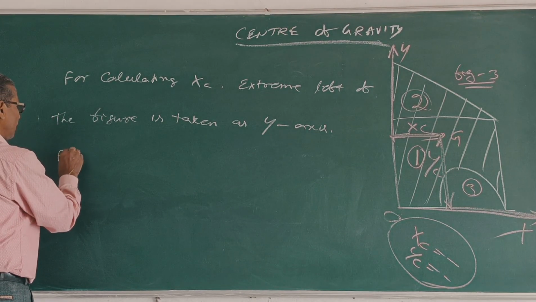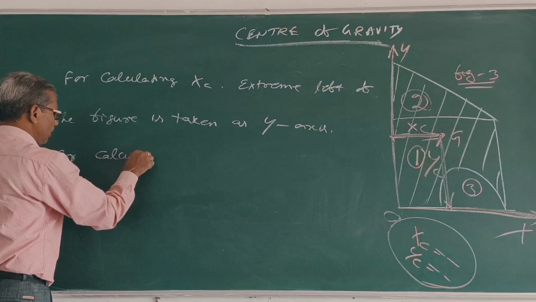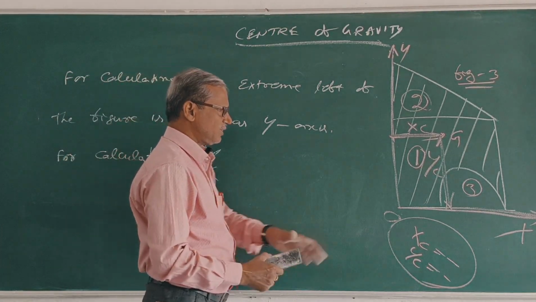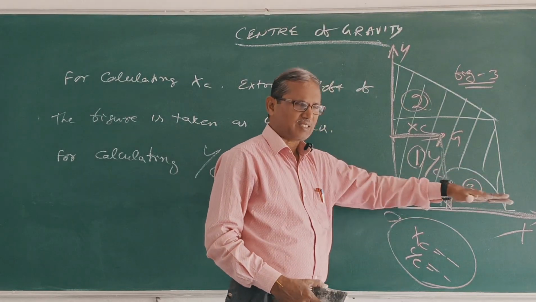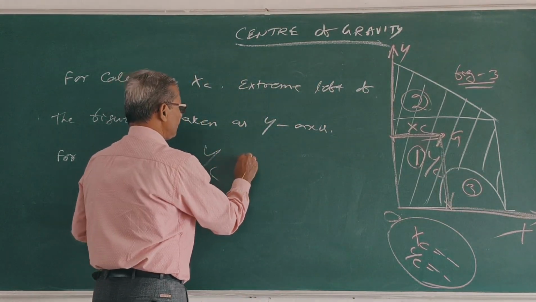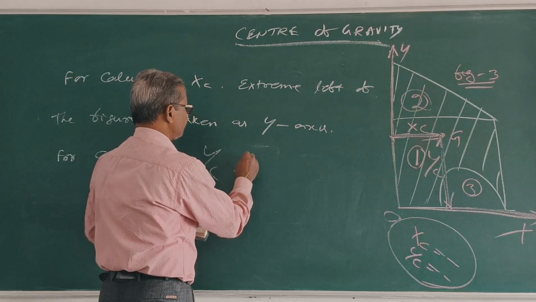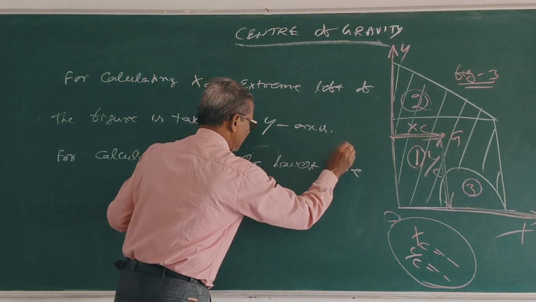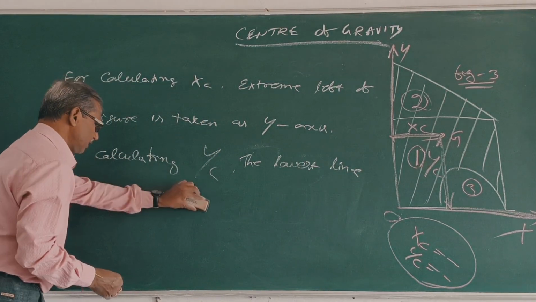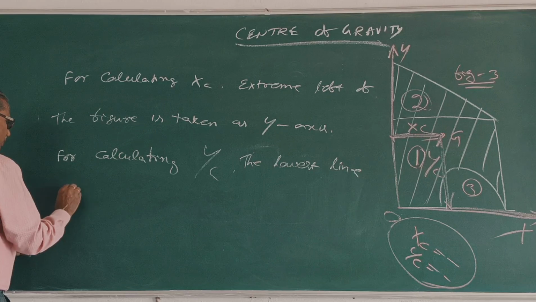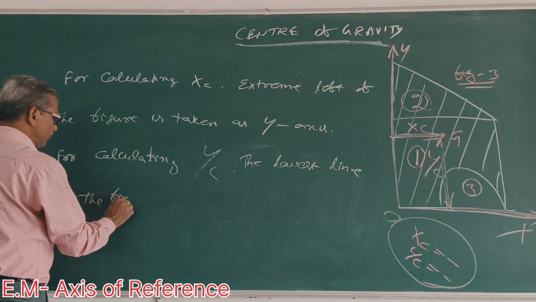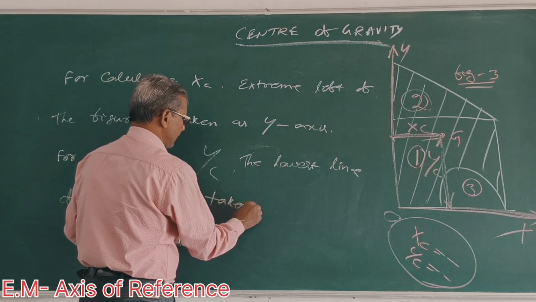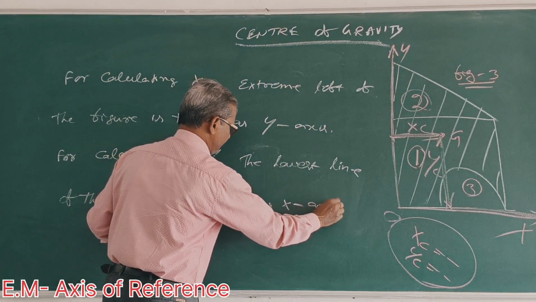For calculating YC, the lowest line of the figure is taken as the x-axis. Clear? Similarly, for calculating YC, the lowest line of the figure is taken as the x-axis. Clear?